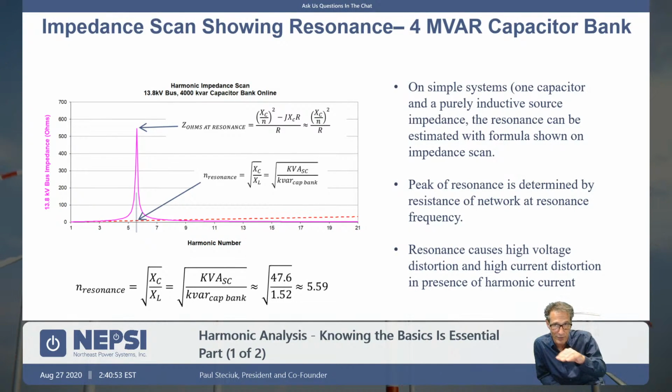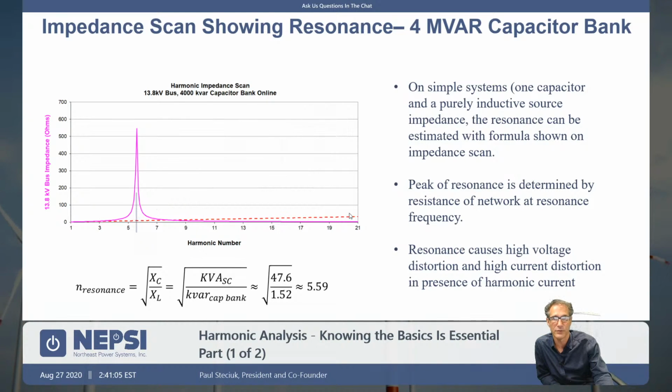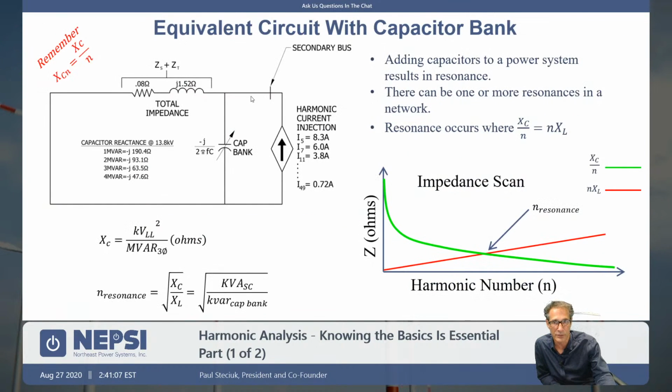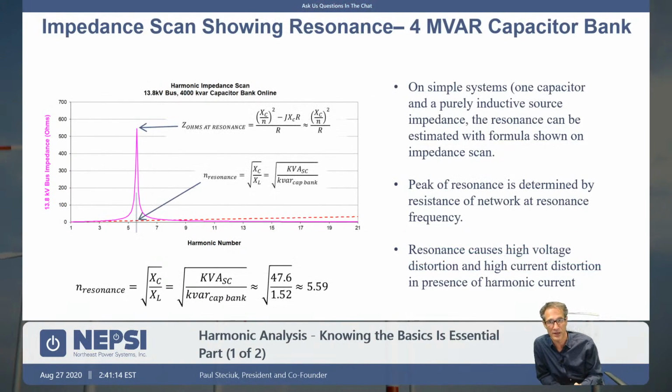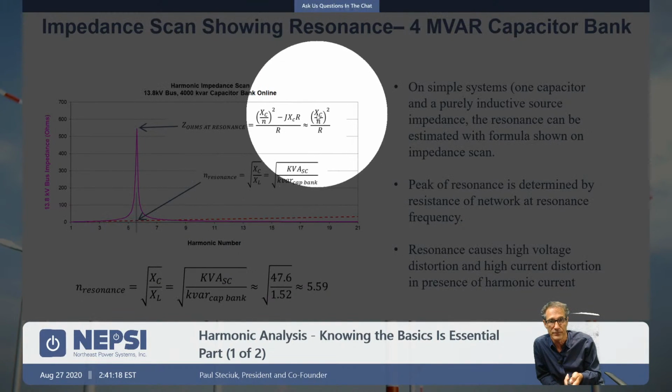It's a very low value when you think about it compared to the new curve, the magenta curve. So we added capacitors to the network, and the impedance that we see looking into the circuit is this magenta curve here. And that's a very high value of impedance. In fact, it's limited basically by this formula here.